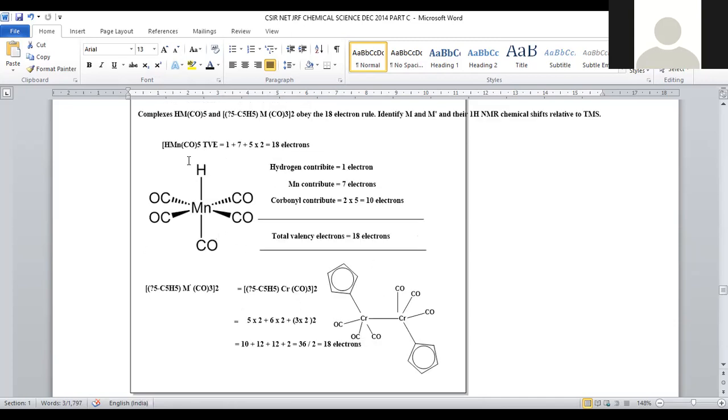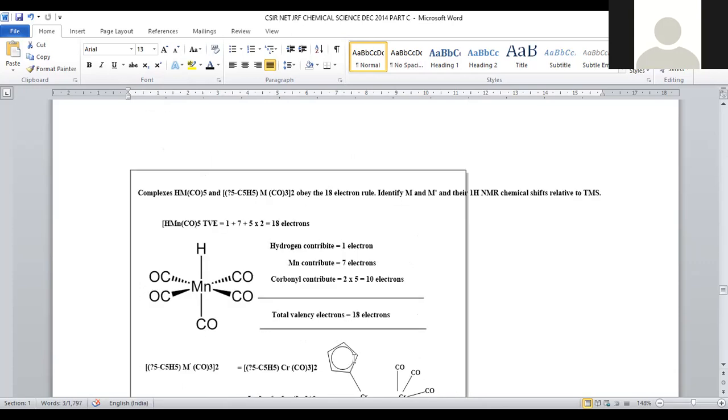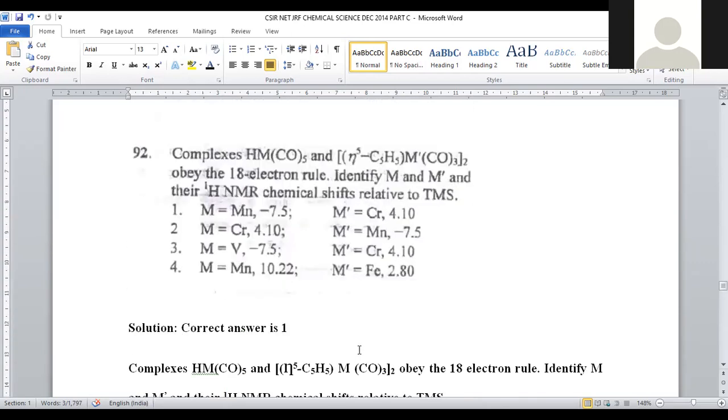So for the first complex, you can substitute manganese. For the second complex, you can substitute chromium, so that both obey 18 electrons. So option number 1 will be the correct one. And their corresponding proton NMR data: the manganese complex will appear at minus 7.5. Why minus 7.5?